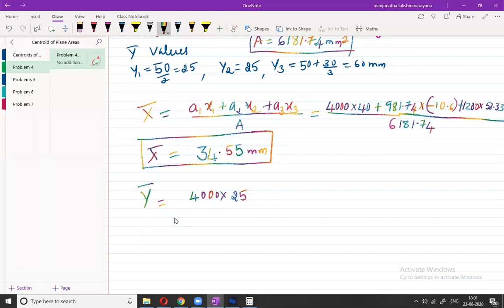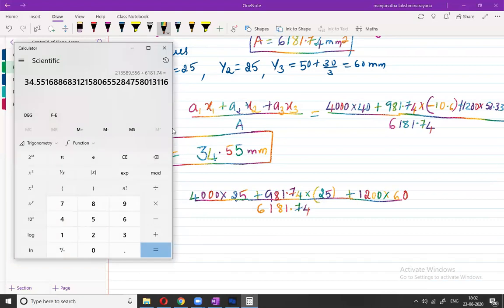Therefore, 4000 into 25 plus 981.74 into y2, which is also equal to 25, plus A3, 1200, into the value of y3, which is 60 mm, divided by 6181.74.